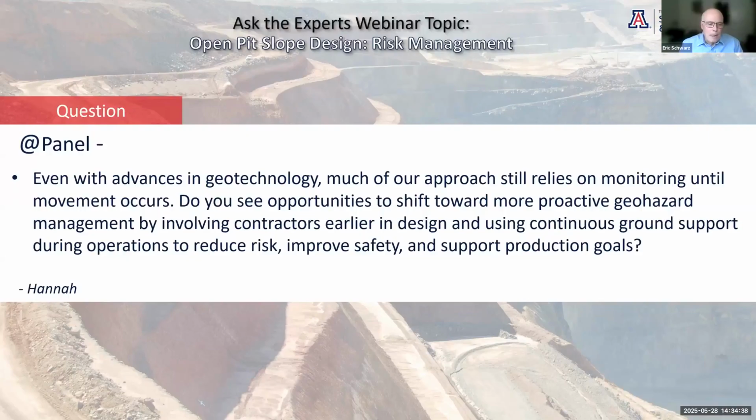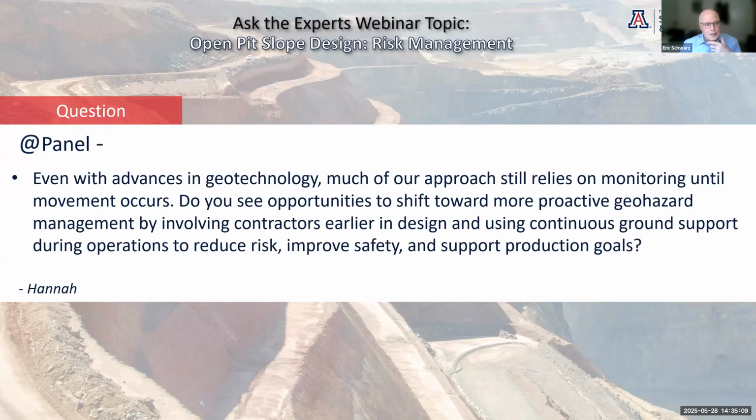Sure. As far as trying to be proactive, having quality data is one of the things that we've already gone through. I think monitoring is getting to such a stage where you can be very precise in picking up movements before deformation that matters occurs.